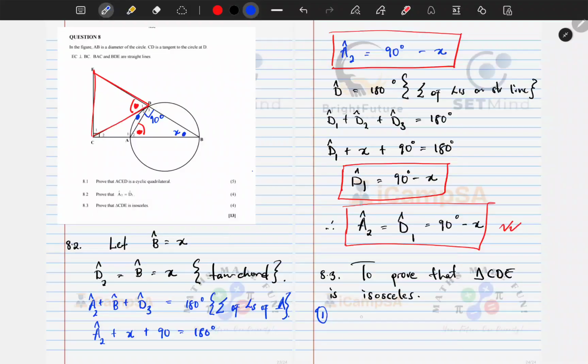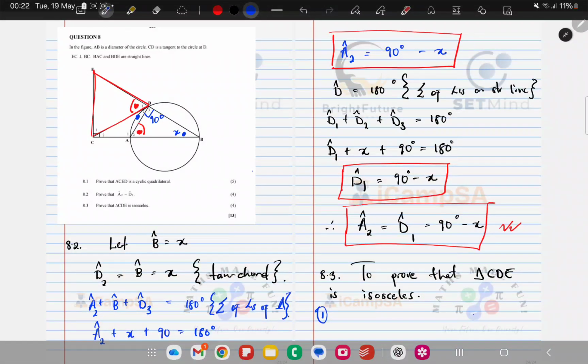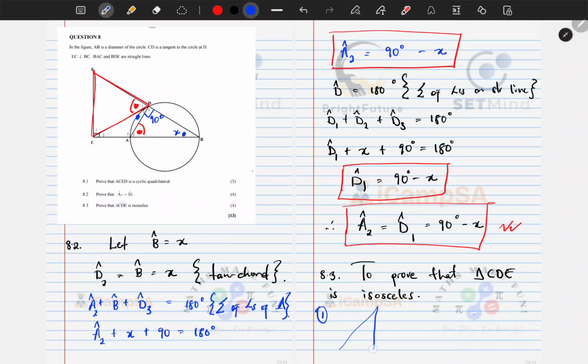I don't know why it's not drawing the triangle properly. Let's try again. And then we also have another one, and then we want to call this 2.